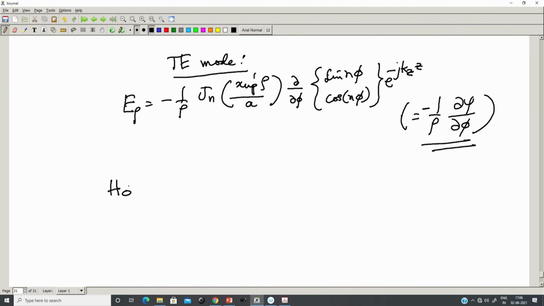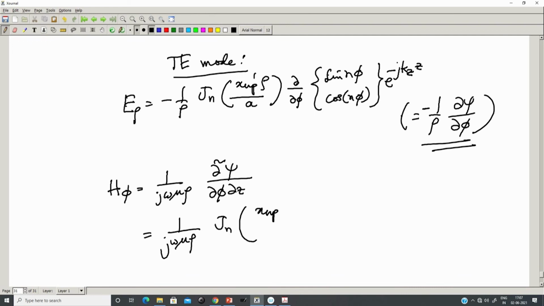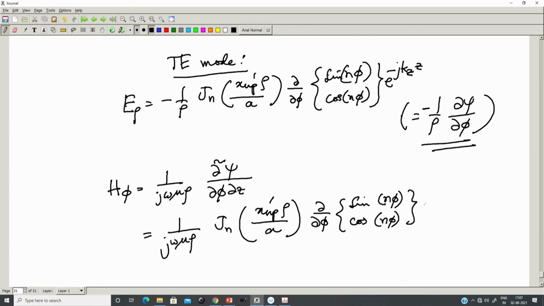And H phi is 1 by j omega mu rho del square psi by del phi del z, and that is equal to 1 by j omega mu rho Jn(x np prime rho by a) del by del phi of sin n phi, cos n phi, minus j kz, e to the power minus j kz z.